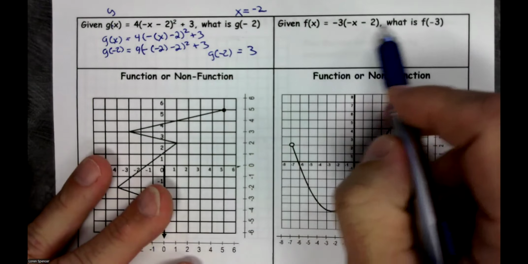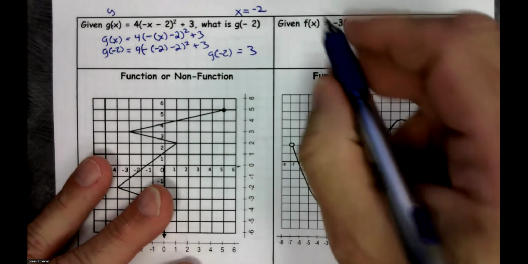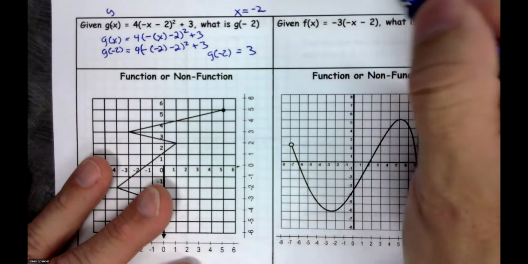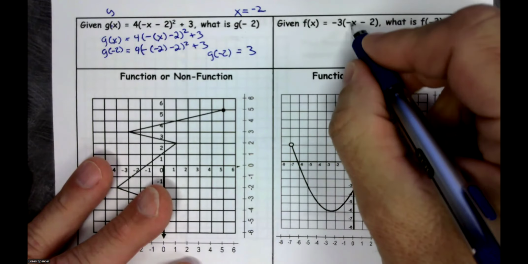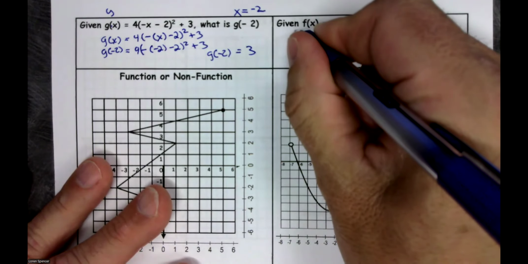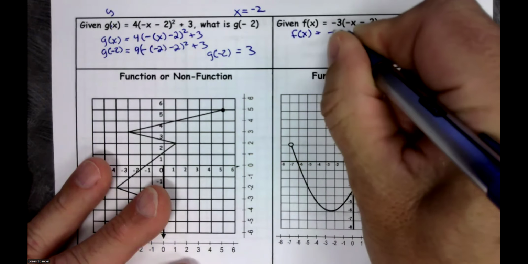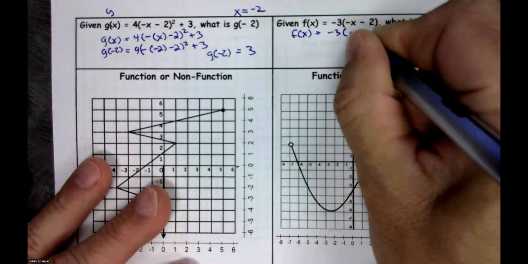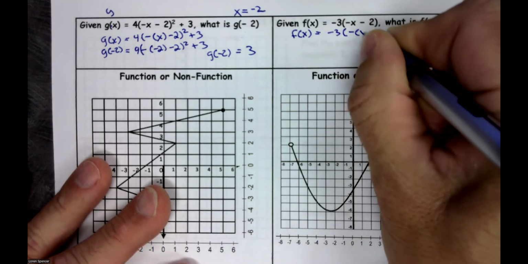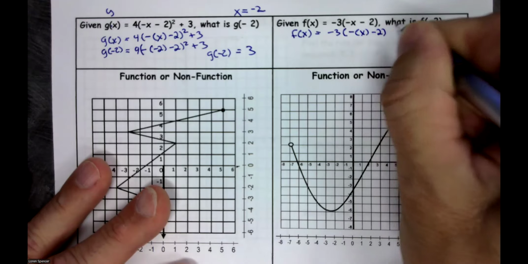It says f of x, and they're telling us this is negative 3. Well, I'm going to just go ahead and redo what I just did. I'm going to rewrite it, but using parentheses, equals negative 3, parentheses, minus parentheses, x, minus 2.